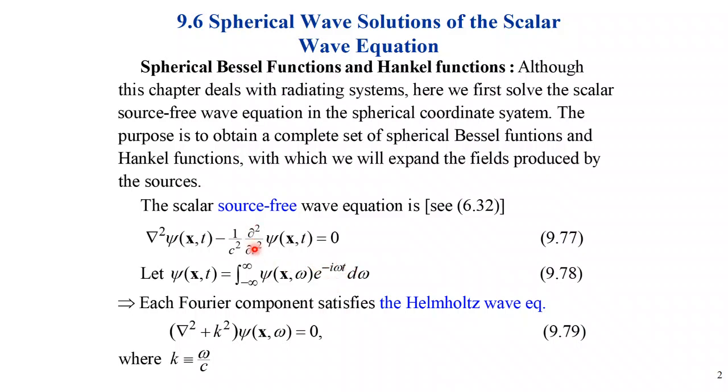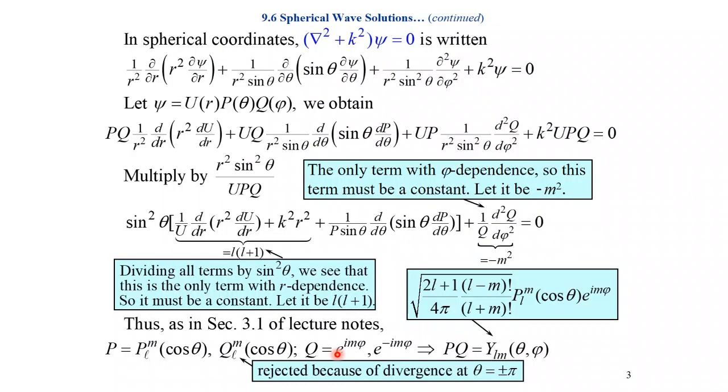So after differentiating twice, we get minus omega squared. Minus minus becomes plus omega squared divided by c squared. So it's k squared. So Laplacian plus k squared times phi. That's the Helmholtz wave equation. What's next?